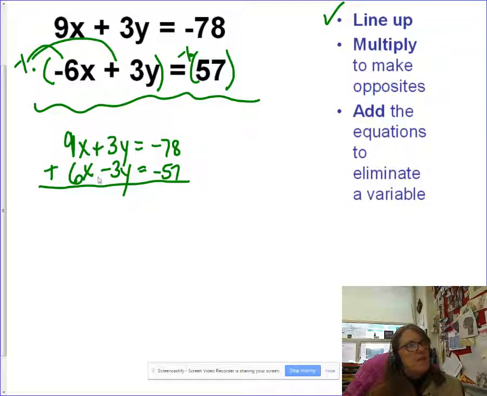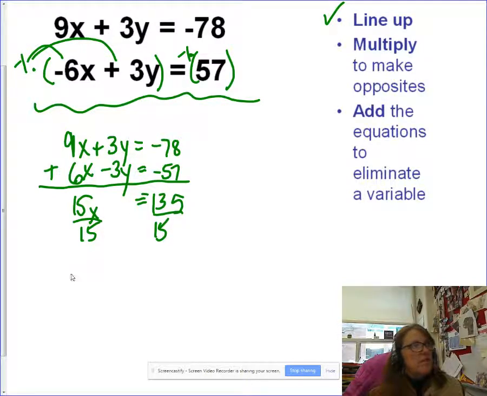And so you're adding equal things on each side. 15x, that goes away, 0y. So I'm just going to leave it as 15x. And then on this side, -135. Now I'm going to divide both sides by 15.